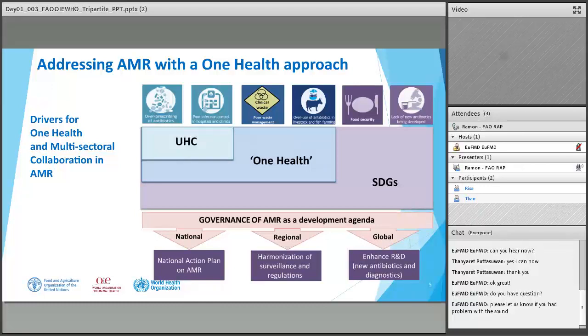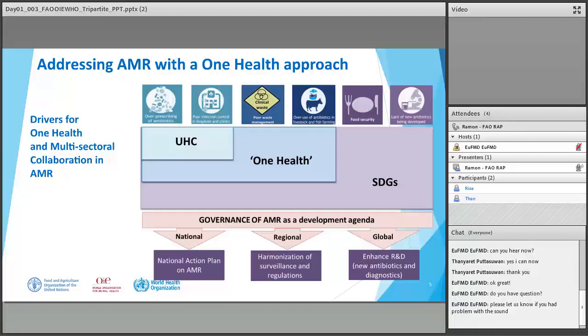Antimicrobial resistance also presents a huge threat to the achievement of the Sustainable Development Goals, particularly in relation to issues of food security and the lack of new antibiotics being developed. The governance for all these three areas is somewhat different as well.